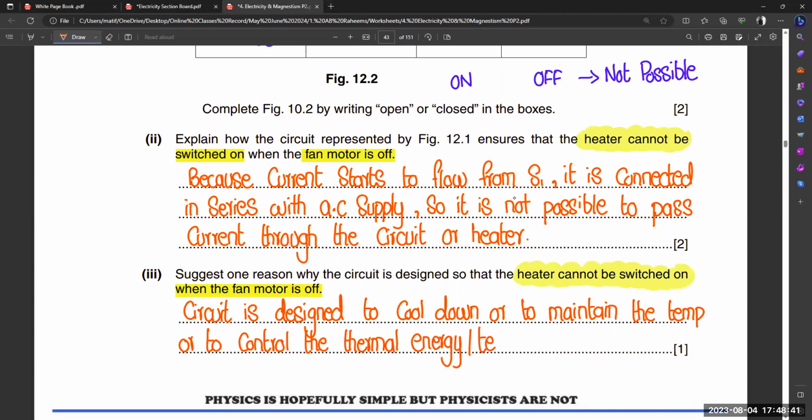There are multiple options for the answer. It is 1 mark, so you just need to write one main key point in this question.